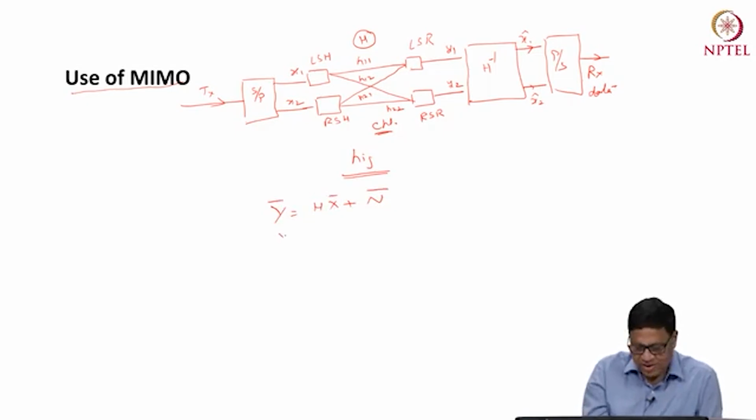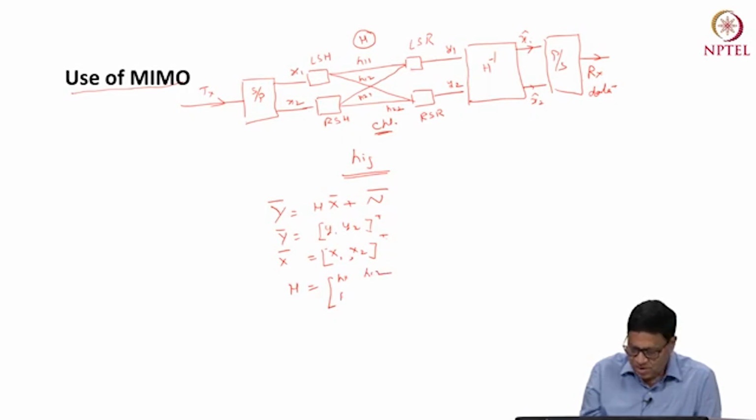Y vector is given by Y1, Y2 transpose, and X vector is given by X1, X2 transpose, and H is a 2 cross 2 matrix, so it will be H11, H12, H21, H22, and the noise vector is given by N1 and N2 transpose.